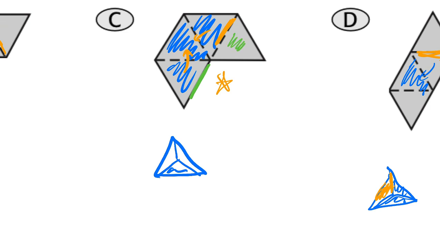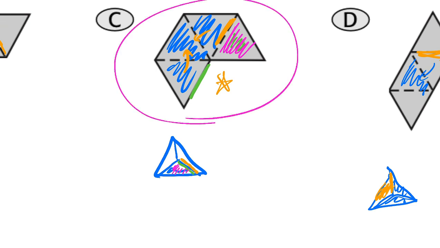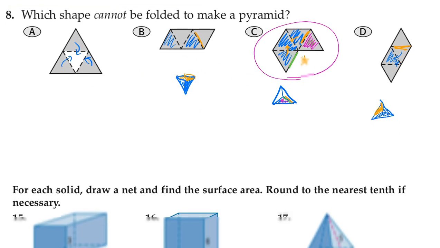So the green edge would be right here, and the orange edge would be right here, and then we'd be flapping over this pink triangle onto here, which already has a face. So it's this one that can't be folded into a pyramid. I just tried it a different way mentally. So C is the one that can't. Oh, see how tricky these are?